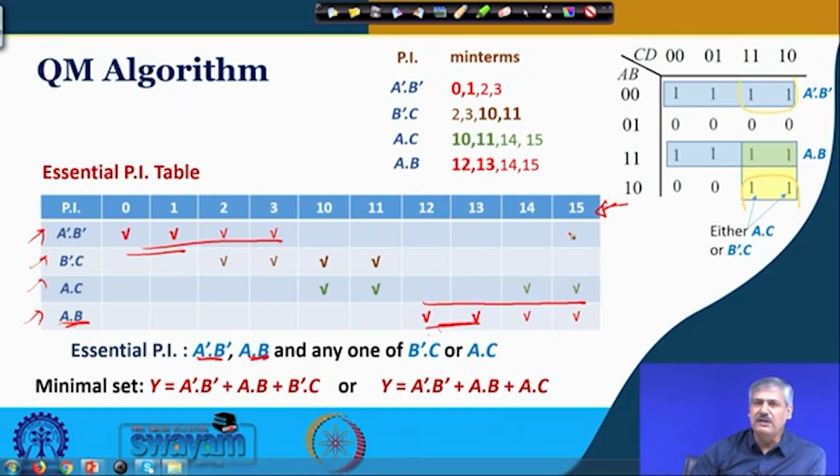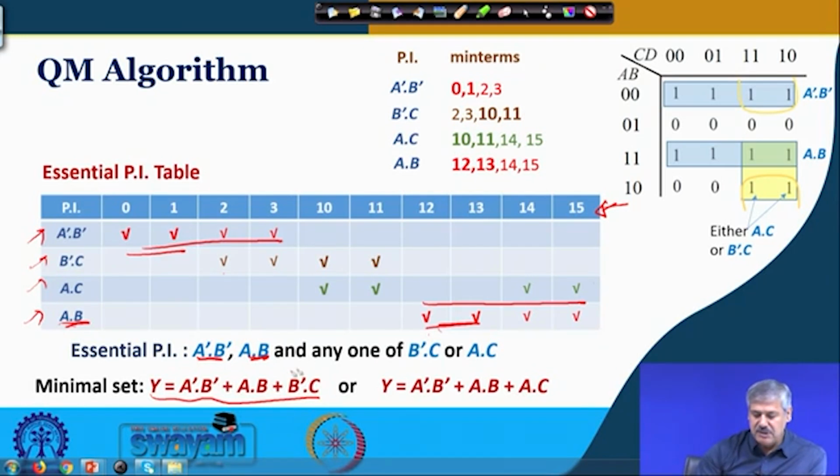So, to cover 10 11 we have got two terms with similar complexity, if we consider that the inputs are available in complemented and uncomplemented form. One is B prime C, another is AC. Okay. One is covering 10 11 as well as 2 3, another is covering 10 11 as well as 14 15. So, we can take either of them.